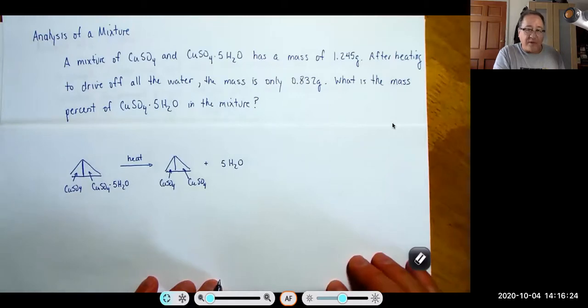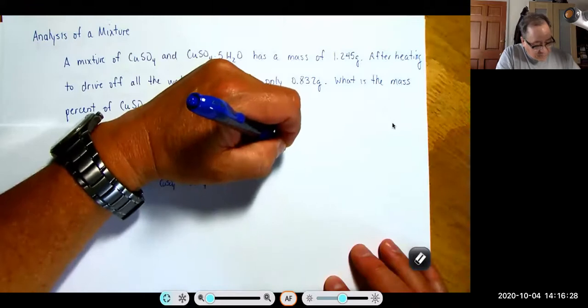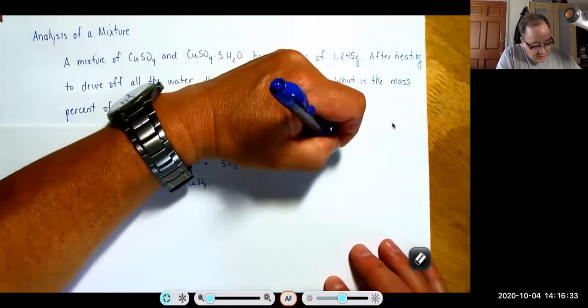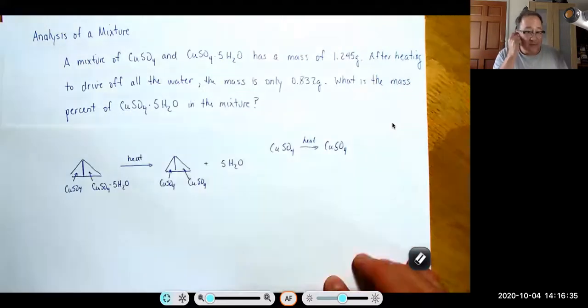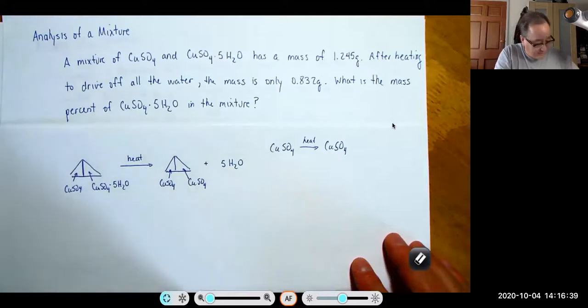Okay, so really we have two things going on in here. The copper 2 sulfate, when you heat it, is still copper 2 sulfate. So there's no mass change when you heat copper 2 sulfate.